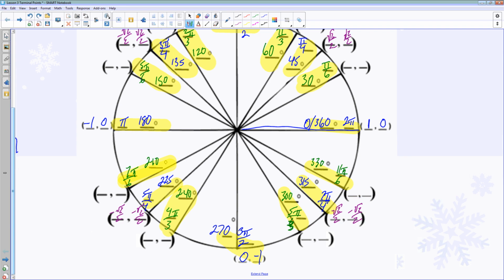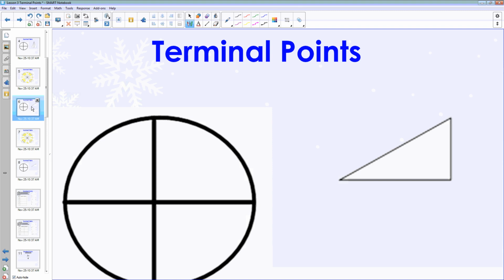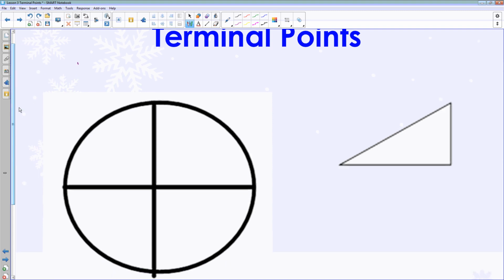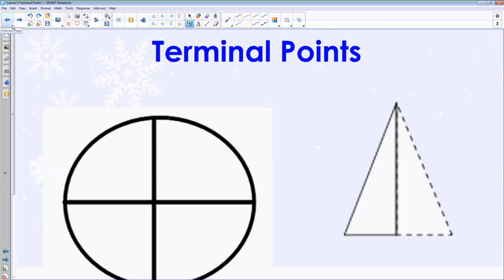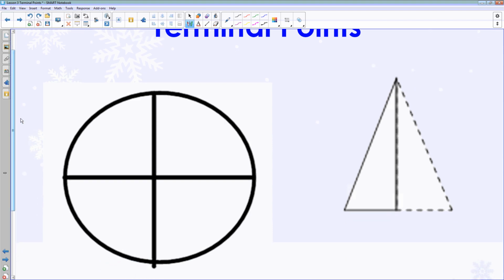Okay, so now let's talk about another scenario. We're going to talk about another type of special right triangle.